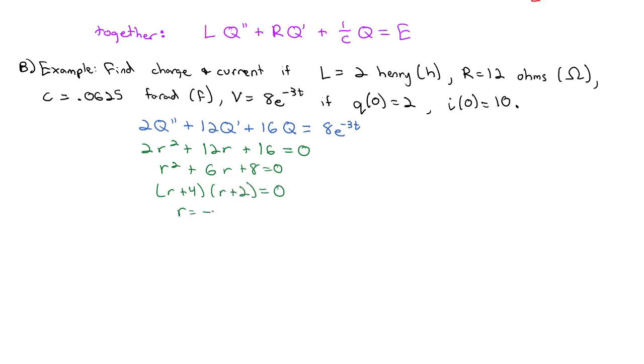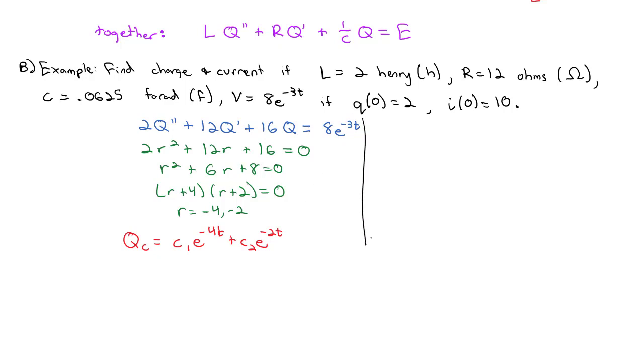So r is equal to negative 4 and negative 2. Which means we know that our complementary solution for Q that satisfies the homogeneous version is C1 e to the negative 4t plus C2 e to the negative 2t.